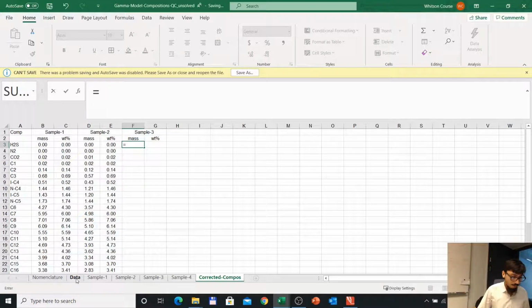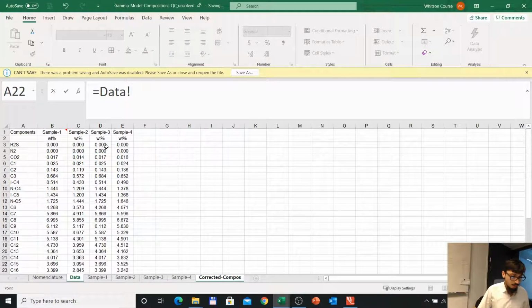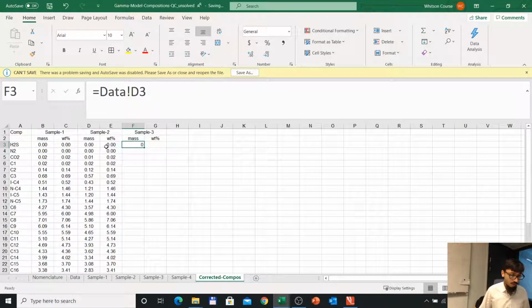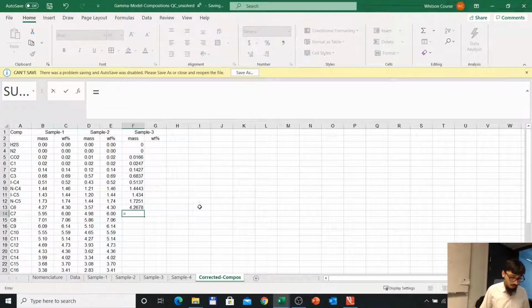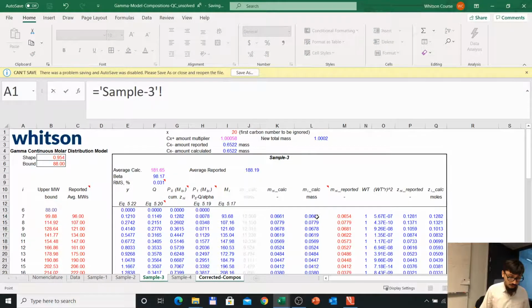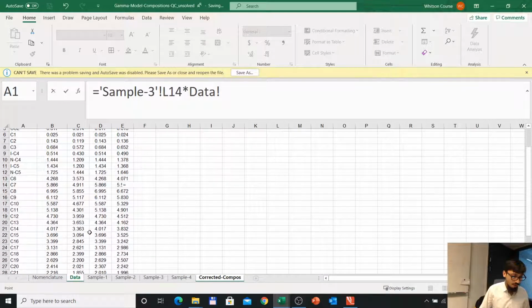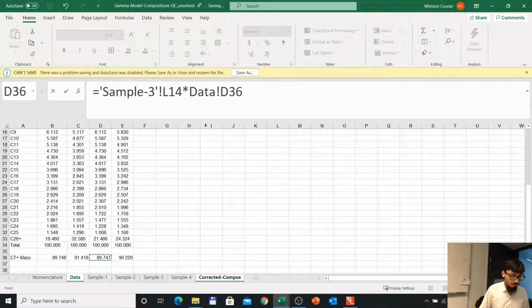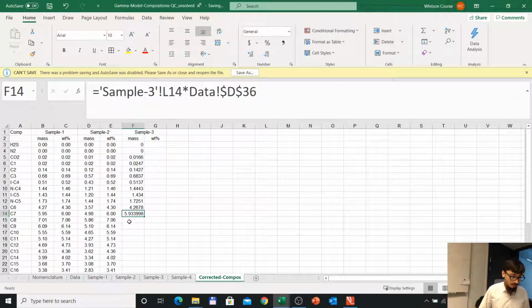Again, for sample 3, go to this sheet here, take the amount until C6, and for C7 plus, go to the sample 3 sheet, get the calculated mass multiplied by the total C7 plus mass we have, then fix it and drag it down.